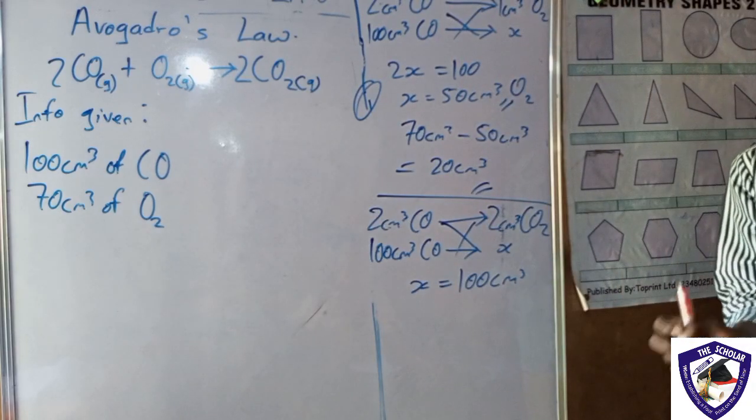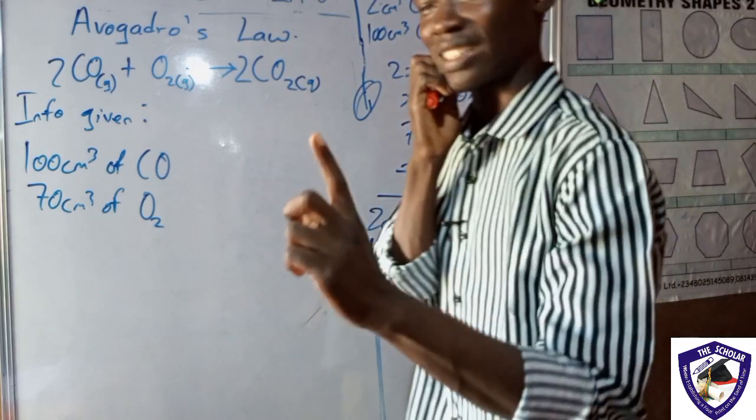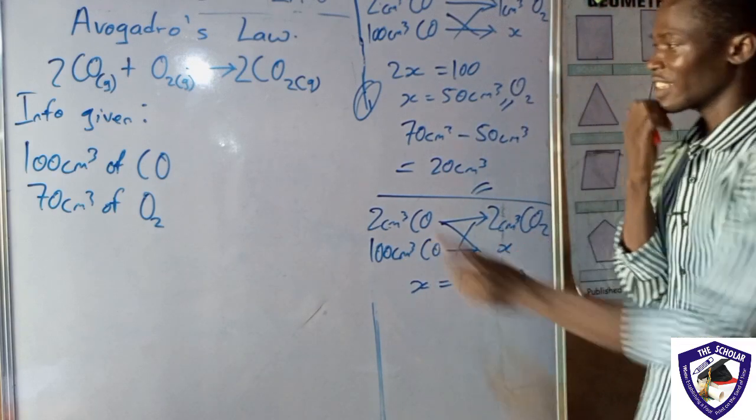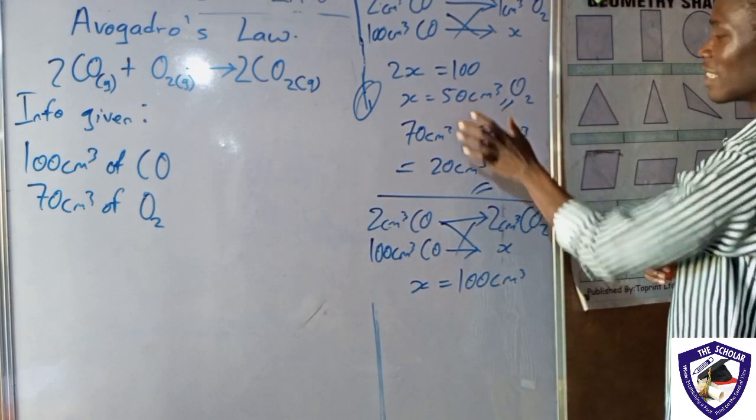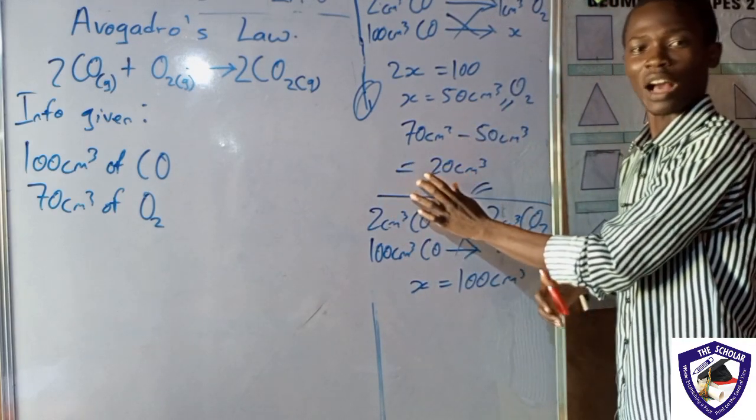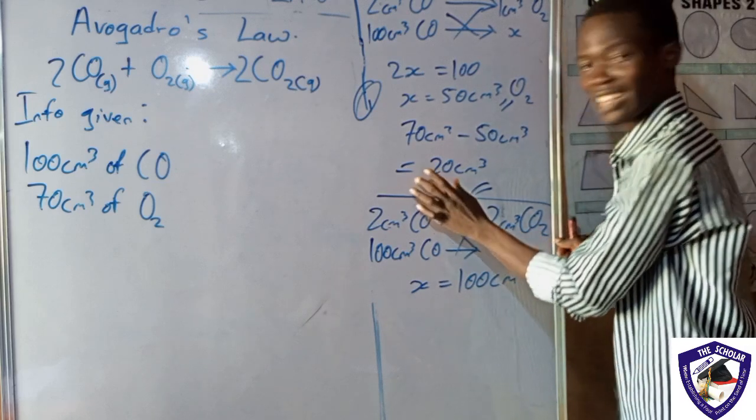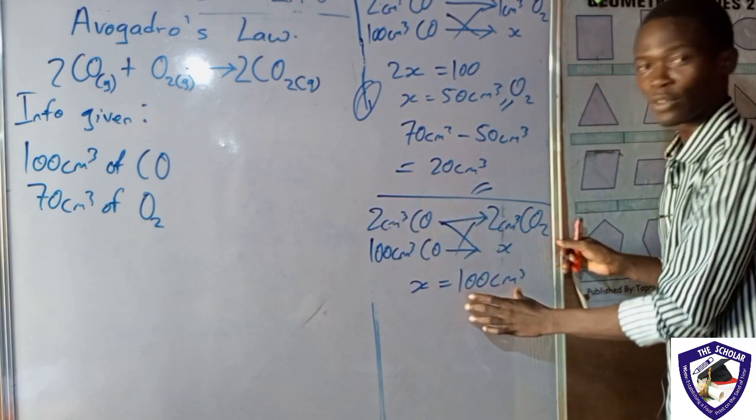So now going back to the question, we should calculate the total volume of the residual gas. Now the total volume of the residual gas, as I said earlier, is the excess and the volume of the product.